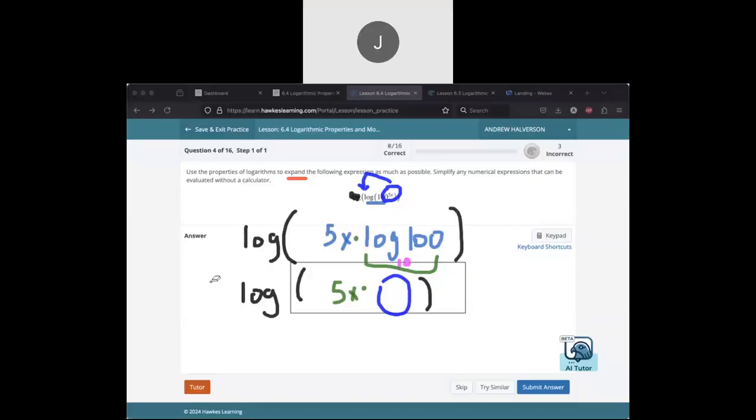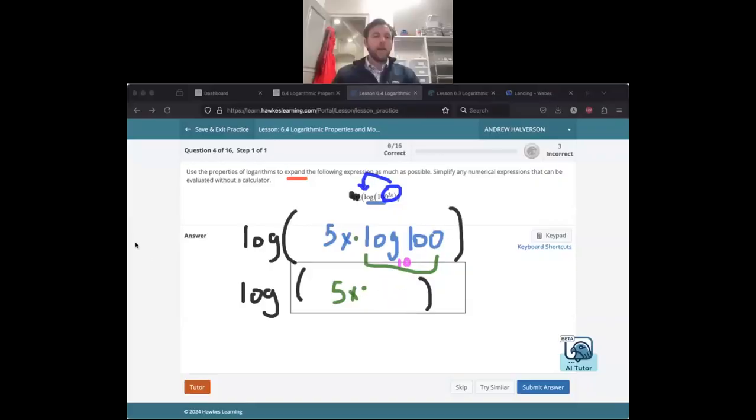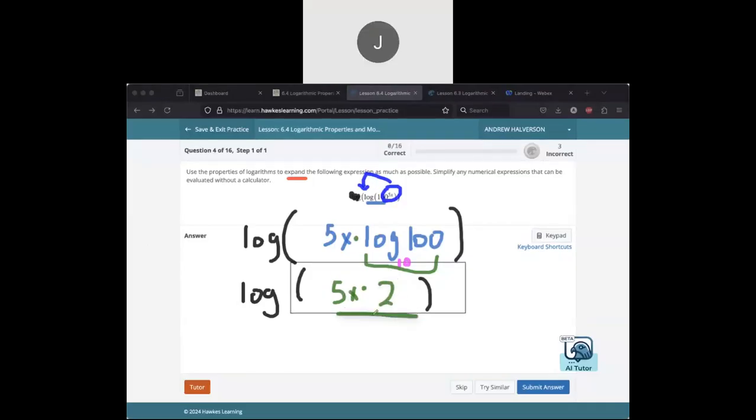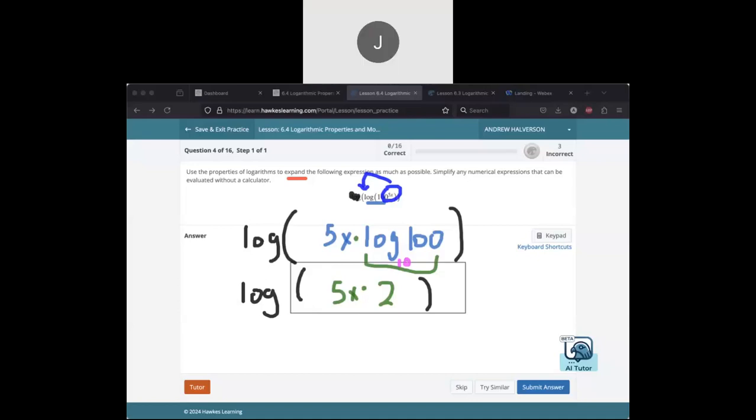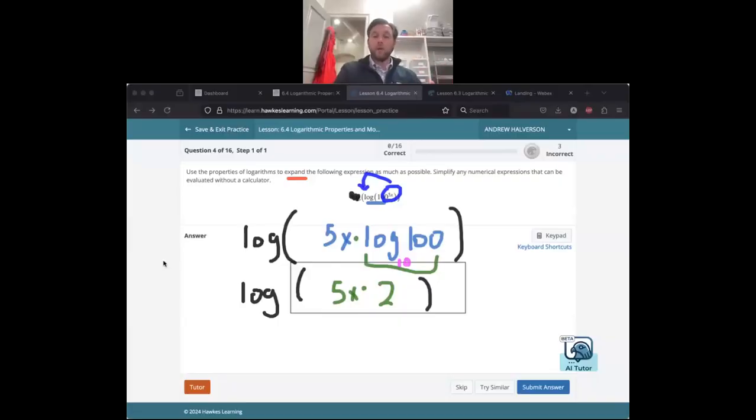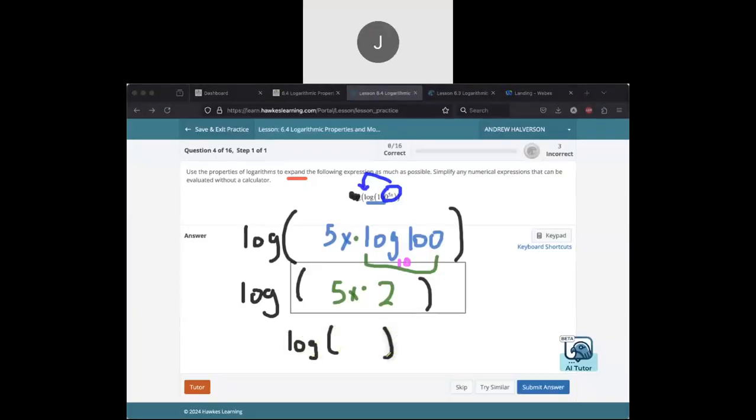Bear with me. Now, let's clean this part up. Let's bring the 5x and the 2 together. So we wouldn't have the word log in front of 2? No, not yet. We're keeping it together so far. We have not yet transitioned to the outer log. That inner log we took care of.